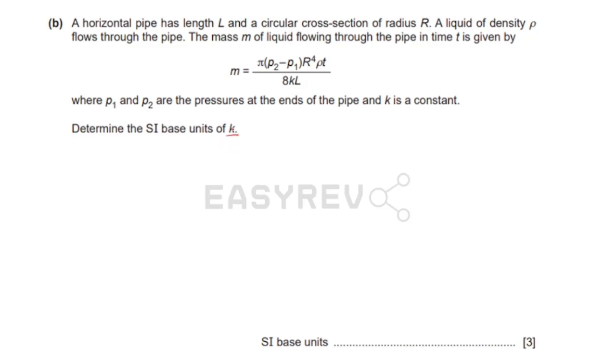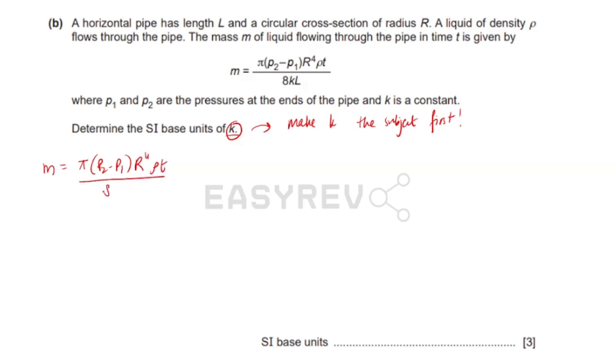Whenever you have to find the SI base units of an unknown quantity, it helps to make K, our unknown, the subject of the formula first. So let's do that. We write down the formula as it is, m equals pi (P2 minus P1) r raised to the power 4 rho t over 8kL.